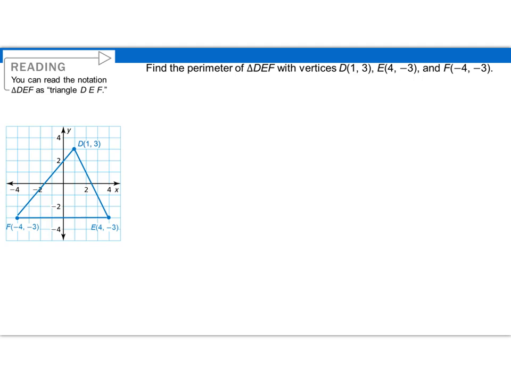Now to do this, we're going to have to treat each side length as its own piece, and we're going to have to apply the distance formula. If you remember, the distance formula is the square root of the quantity of x2 minus x1 squared plus the quantity of y2 minus y1 squared.